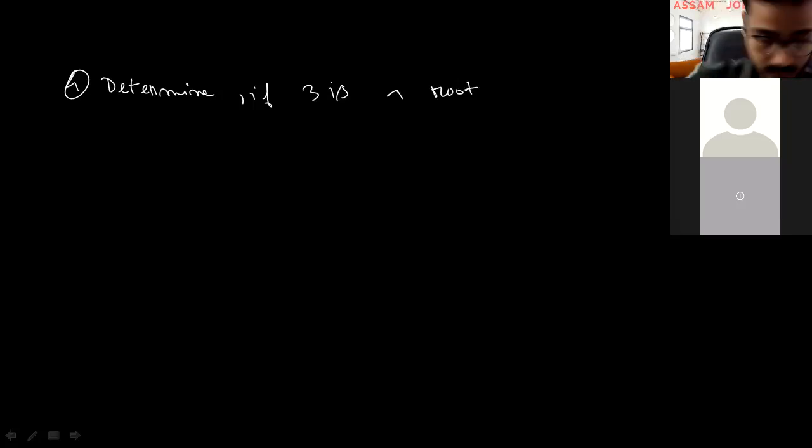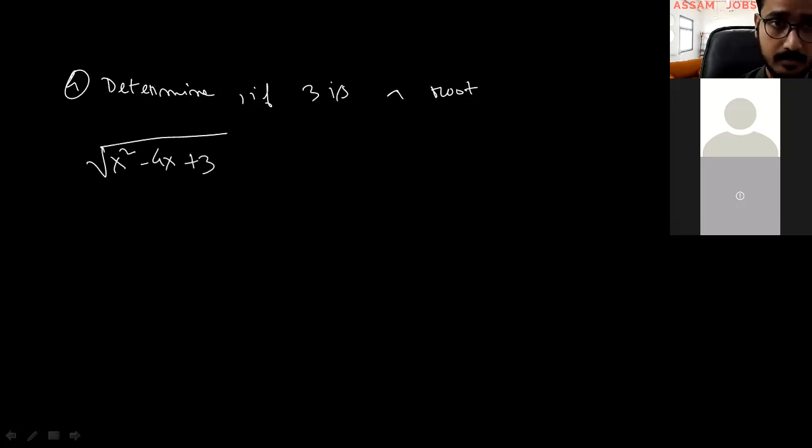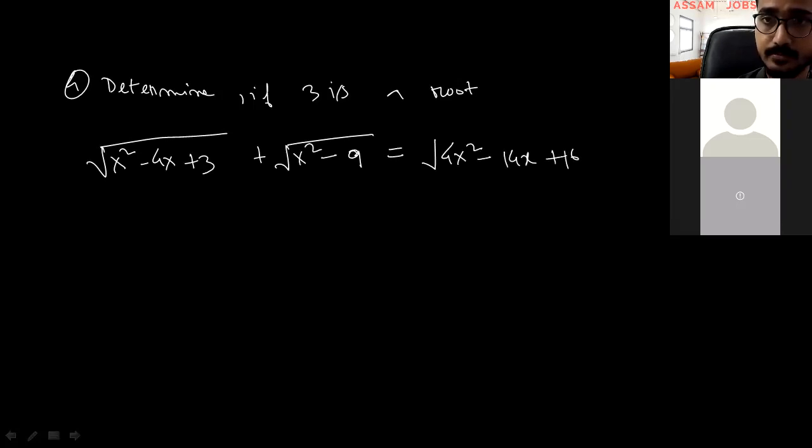Determine if 3 is a root of the equation given below, and the equation is root over x square minus 4x plus 3 plus root over x square minus 9 equal to root over 4x square minus 14x plus 16.